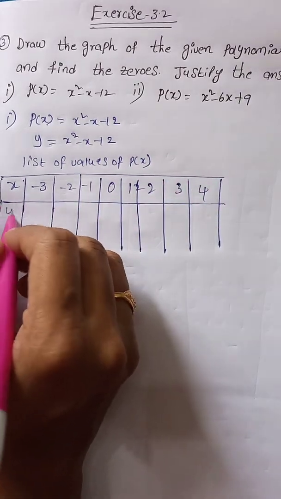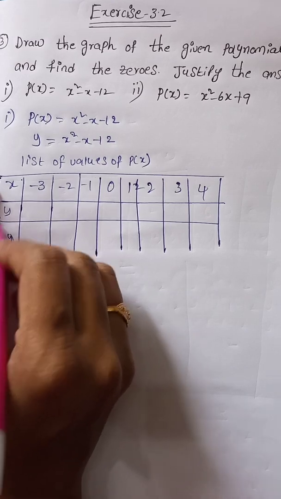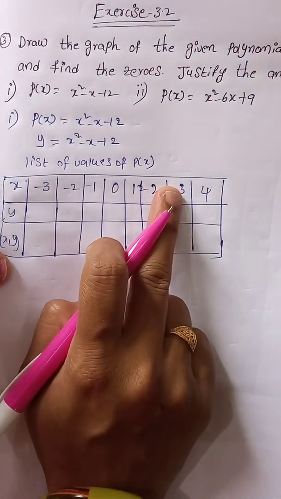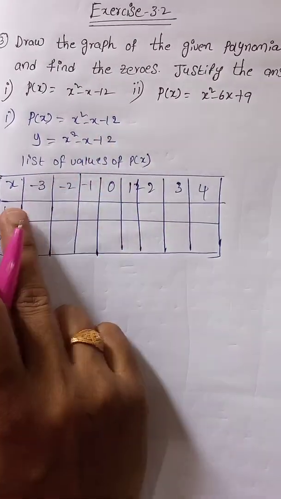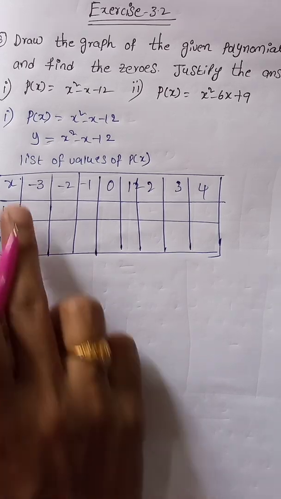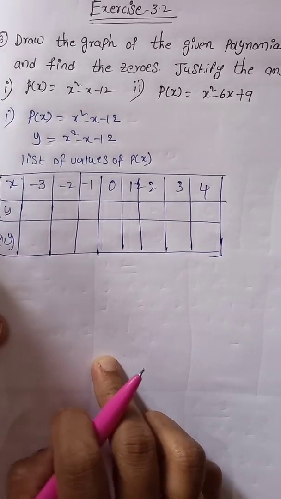Next, the y values, x comma y. We have to substitute these x values in the given p of x, then we will get the y values. After that we can locate the x comma y values on a graph. Then we can find the zeros of this polynomial.